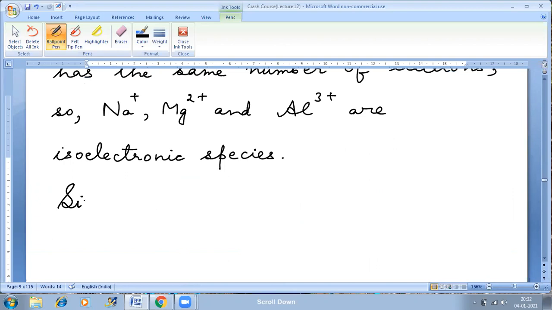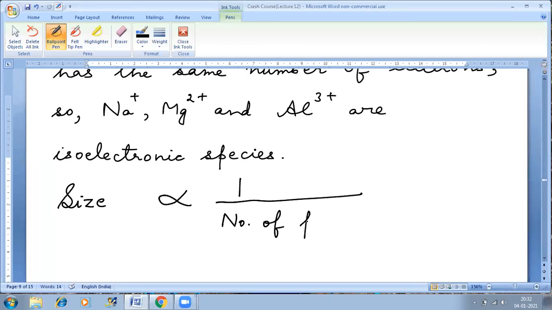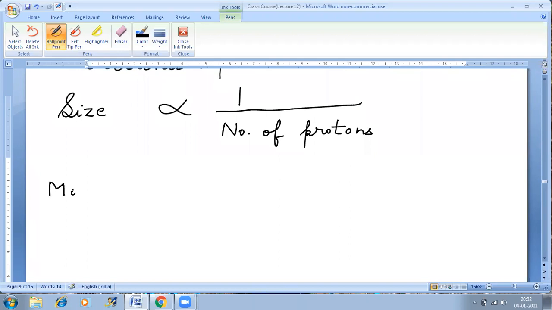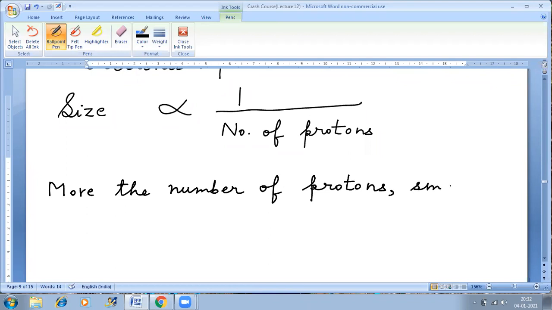Size is inversely proportional to the number of protons. That means the more the number of protons, the smaller the size.